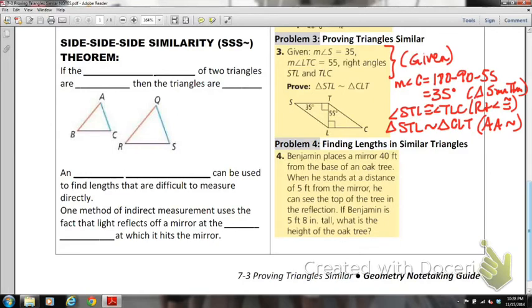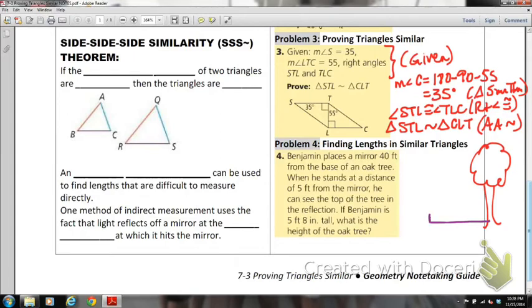So, once again, he's placing a mirror 40 feet away from a tree. So we're going to draw a little tree. There's our tree. And he's placing a mirror 40 feet away from the tree.